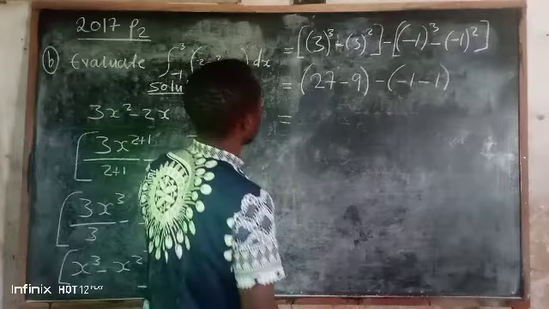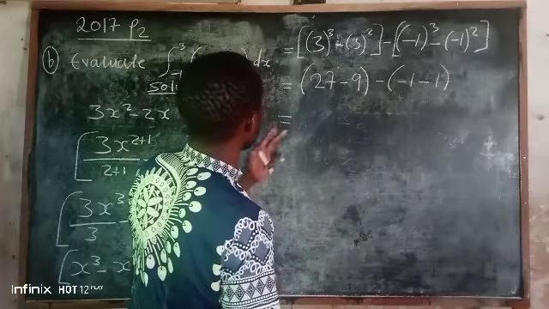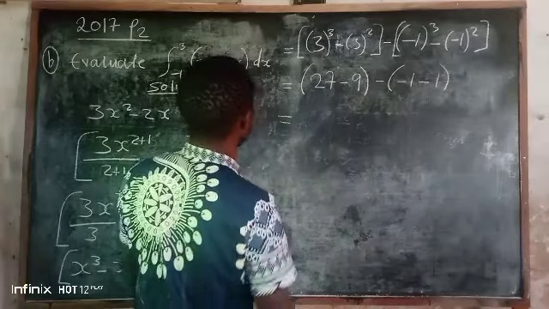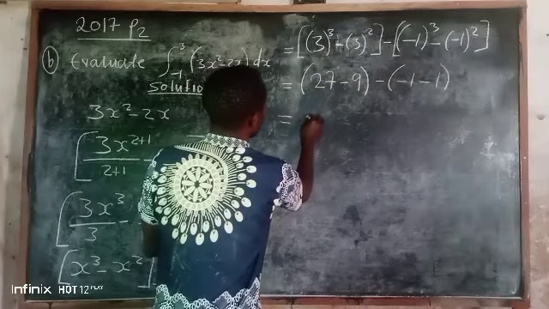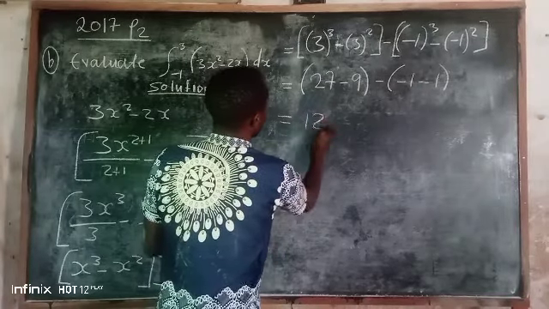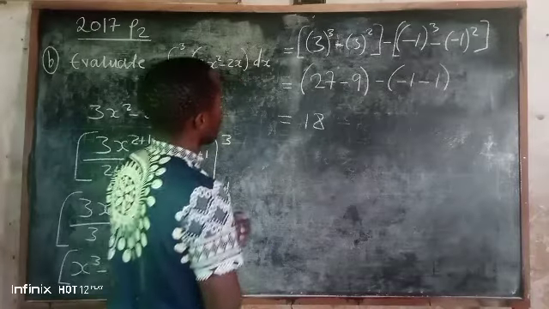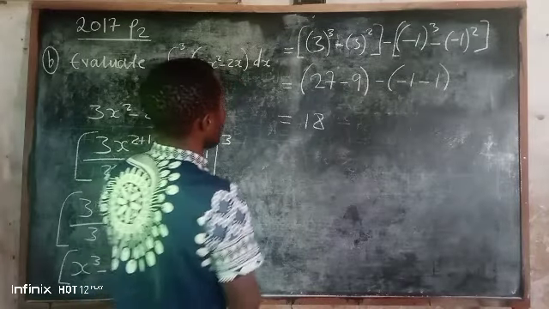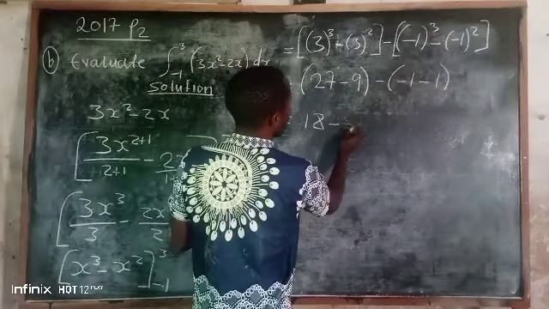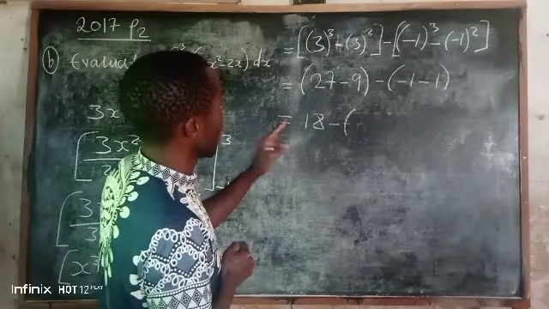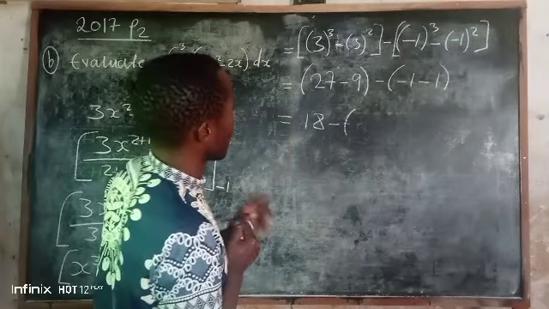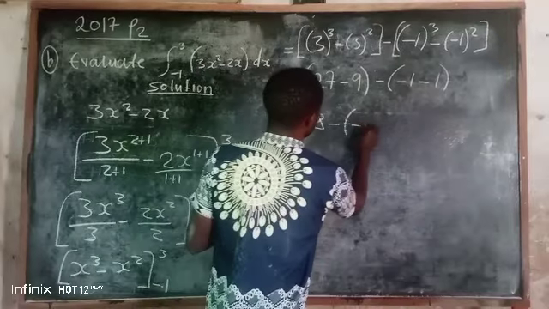Then from there, what do we have when we subtract? 27 minus 9, the answer is 18. Then minus, we have open brackets: -1 minus 1, the answer is -2.